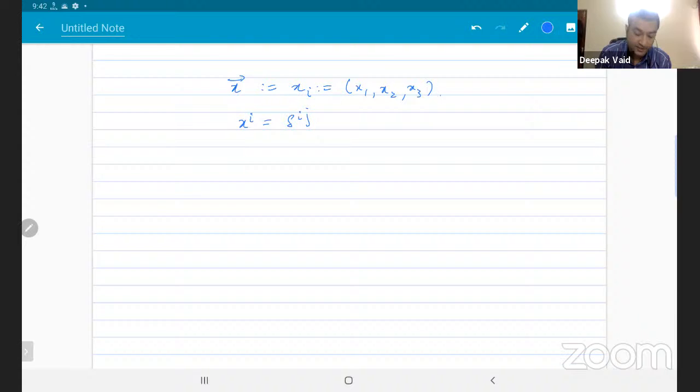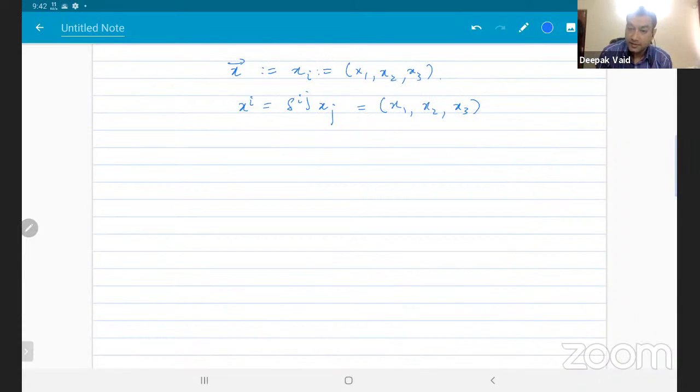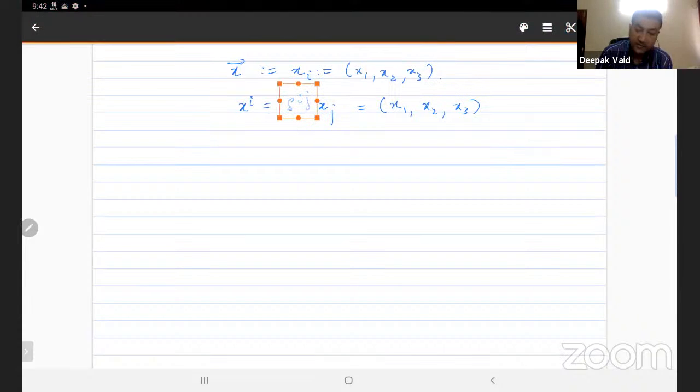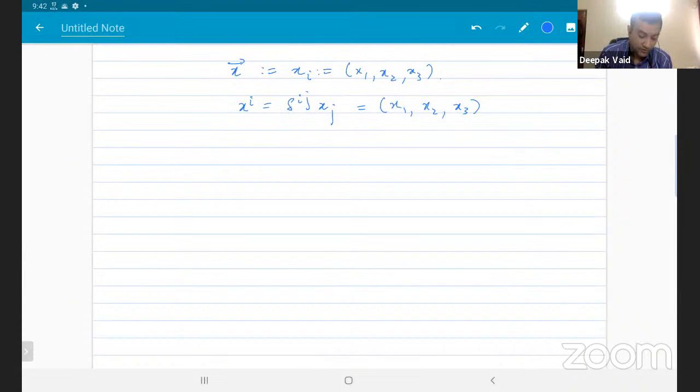My spatial metric is delta ij, like this. But when I multiply by this delta ij, what will I get? I will just get x1, x2, and x3. It's because this is just the identity matrix. So the identity matrix multiplied by this vector will just give me the same vector, right?